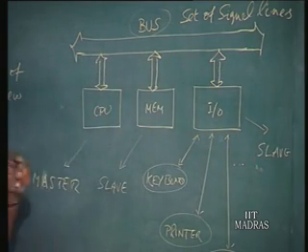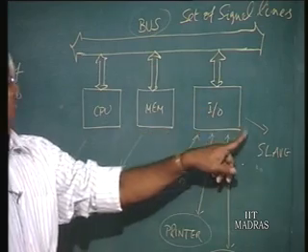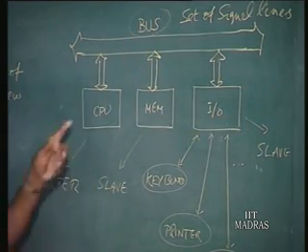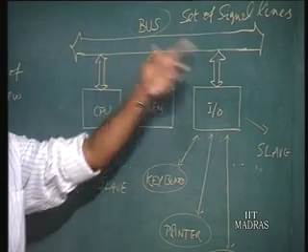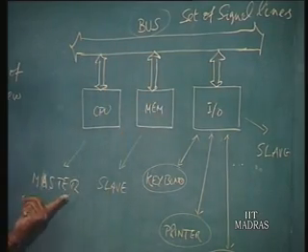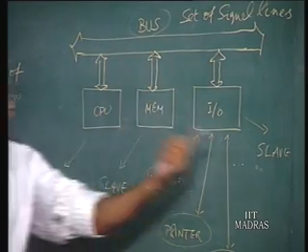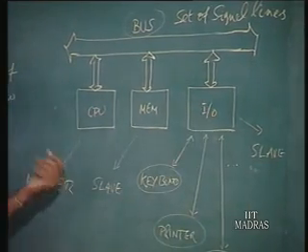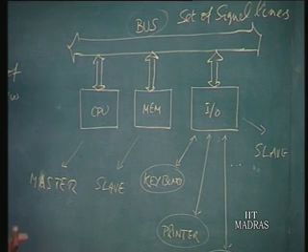But there may also be situations when I/O may demand, in which case generally it is the CPU which will be responding for a short while, but usually this is the master and usually this is the slave. Occasionally this may become a master and occasionally this may become a slave. Okay.